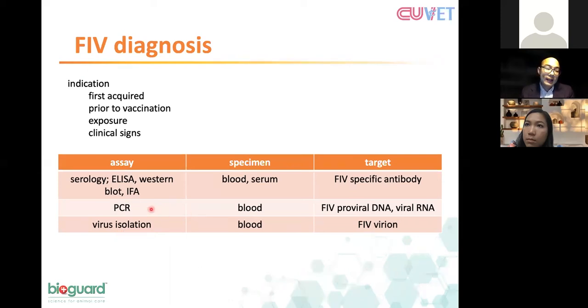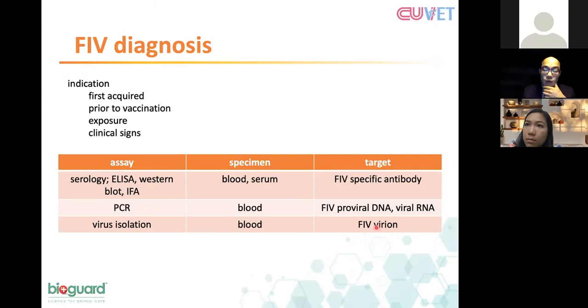For serology tests such as ELISA, Western blot, or immunofluorescence assay, which aim to detect FIV-specific antibody, whole blood or serum is the specimen of choice. For molecular diagnosis such as PCR or RT-PCR, I would suggest EDTA blood. And for virus isolation, I would suggest a heparinized blood sample because it's less toxic to the cell culture system.